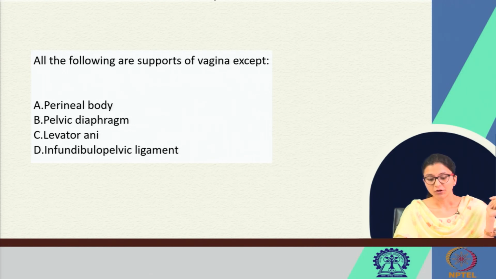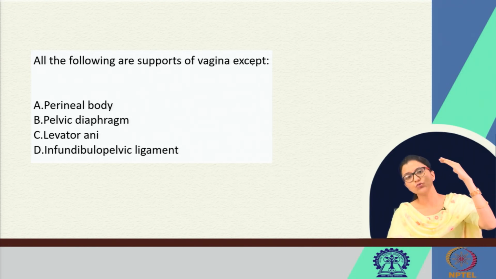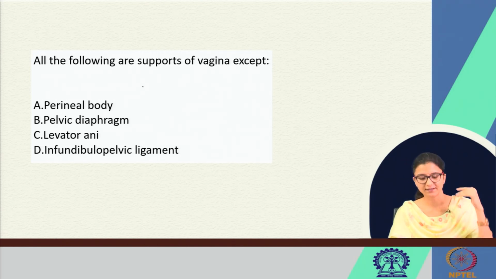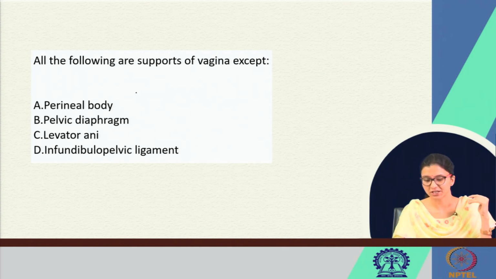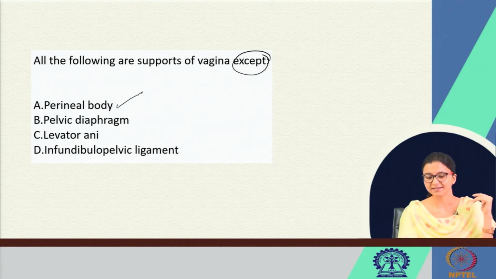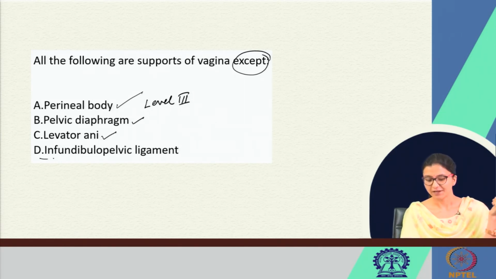Okay. All of the following are supports of the vagina except. I have already discussed the 1, 2 and 3 levels, DeLancey's levels of vaginal support. So, which is not the support of the vagina? Perineal body, yes, it is level 3. Perineal diaphragm, levator ani or the pelvic muscles, yes. Levator ani, yes, it is a support of the vagina.